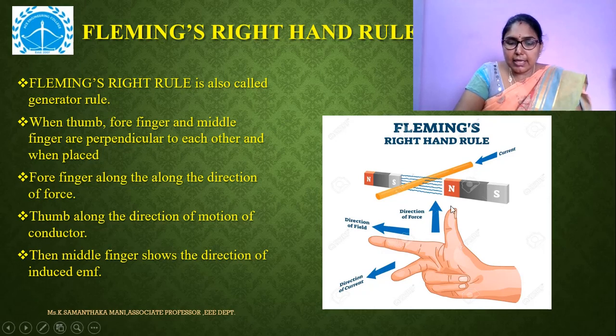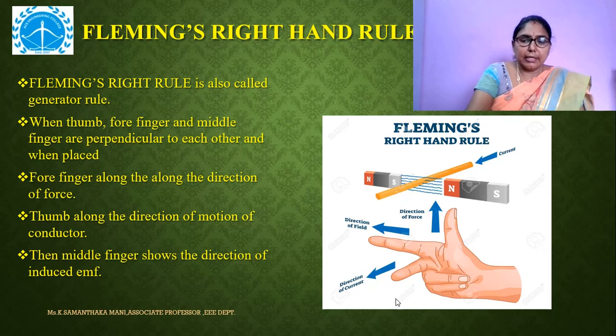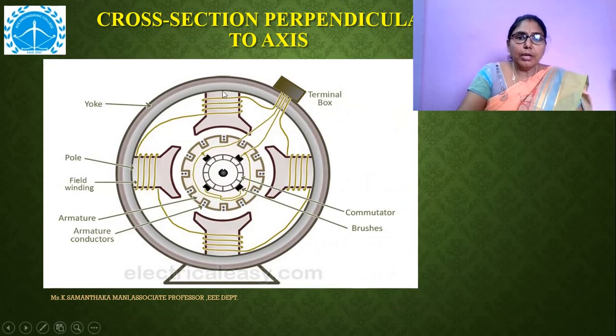Then the current induced in the conductor is given by the direction of your middle finger. With this you can understand the direction of the current induced in the conductors of the DC generator.